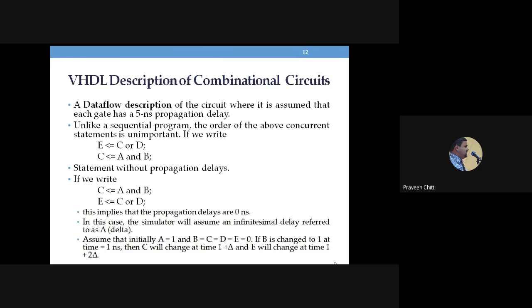If you mention a specific time, then the assignment will happen after that time interval, but the execution will happen immediately. Assignment will be delayed by the amount of delay you mention in the statement, and if delay is not mentioned, it takes a small amount of delay called delta delay.